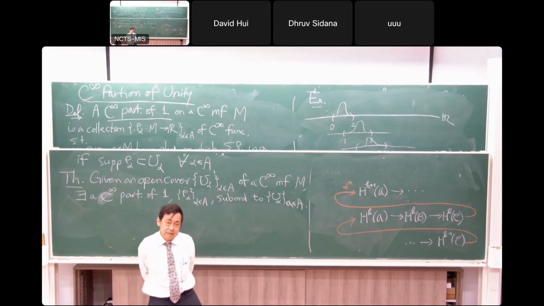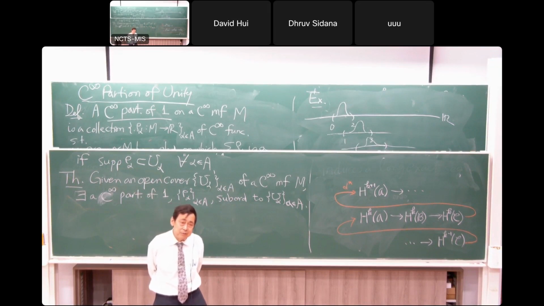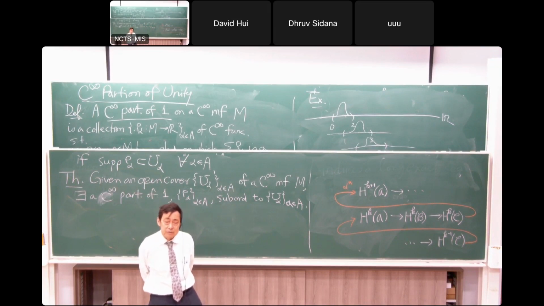Well, I keep emphasizing that it's a C infinity partition of unity because in the holomorphic category, when you consider manifolds over complex numbers and holomorphic functions, there are no holomorphic partitions of unity. So that makes the theory of complex manifolds very different from the theory of C infinity manifolds.